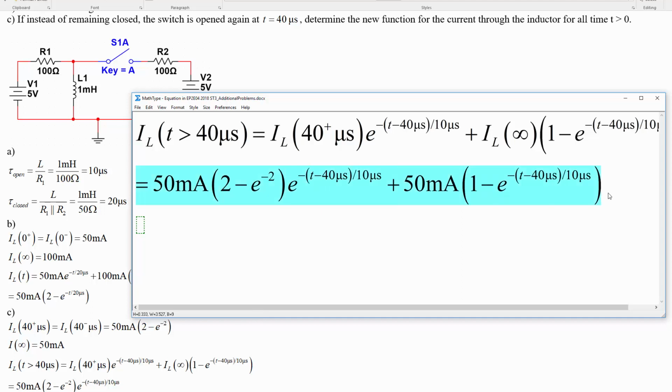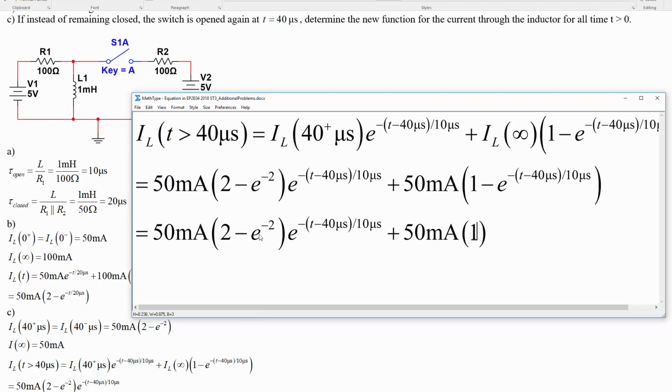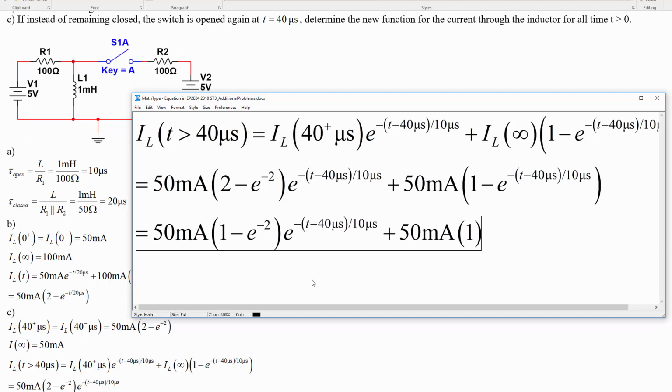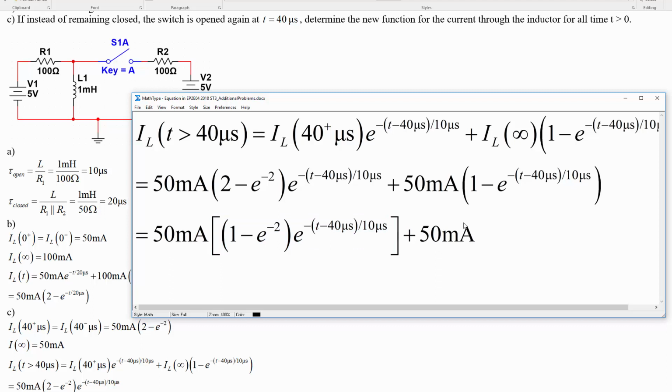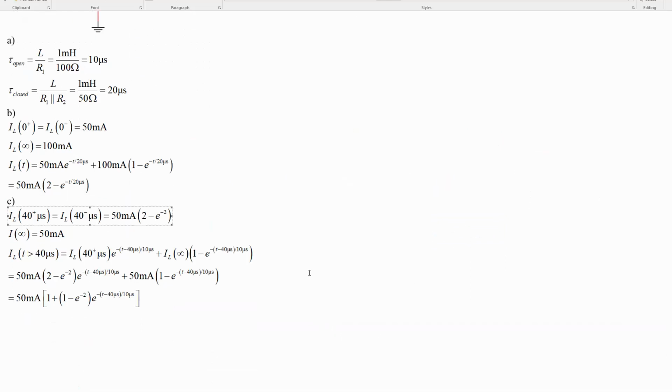Because the 50 and the 100 milliamp limits that we were going towards in this problem match up a little bit nicely, you can let this negative term cancel out with one of these 2's and then end up with just this. So you might prefer to write it like that. A little bit easier to write. But if not, then no worries.